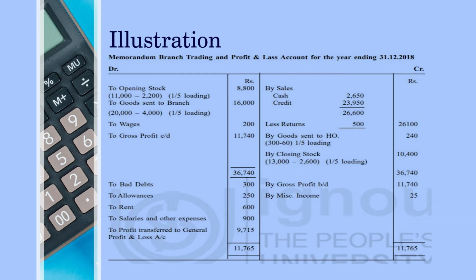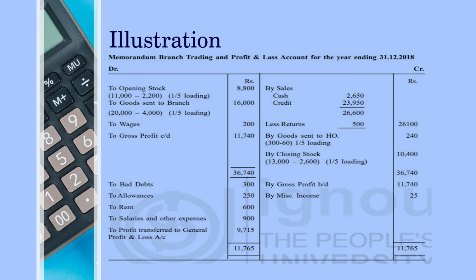We can do it very simply. Either we can show opening stock 11,000 here and, on the right-hand side, the credit side, show loading amount on opening stock 2,200. But generally, when we prepare the branch trading and profit and loss account under the final account system, we should write the net amount here, like we have written 8,800.